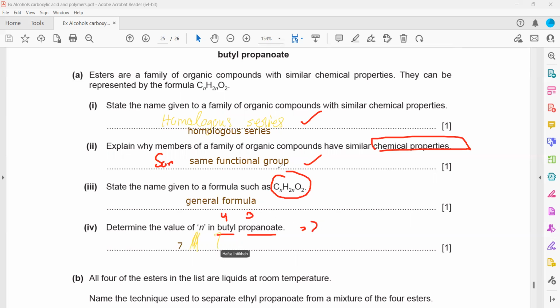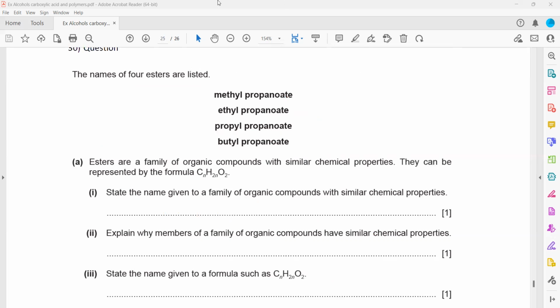In an ester, how do we identify the value of n? It's the total number of carbons. Let me give an example. Methyl propanoate. What should be the value for n? Meth means 1, prop means 3, so it should be 4.